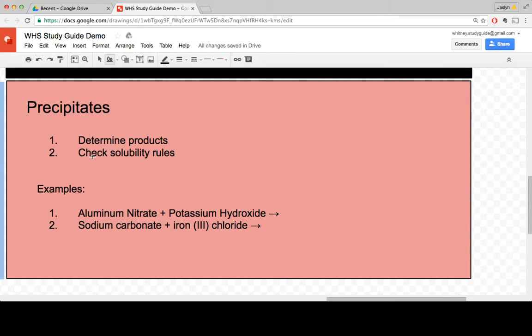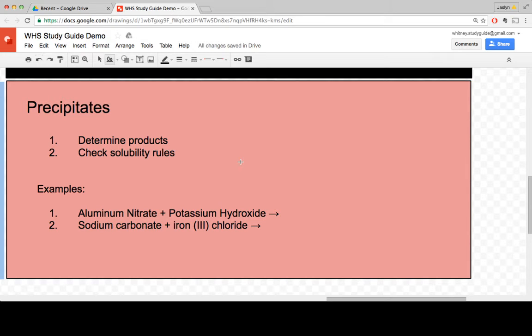So sodium and family, which is everything else in the same column as sodium in the periodic table, ammonium, nitrates, acetates, and it's all listed on the chart. And if none of these categories apply to the compound in question, then you look at what is insoluble. So that's why it says other carbonates, other phosphates, other sulfides.